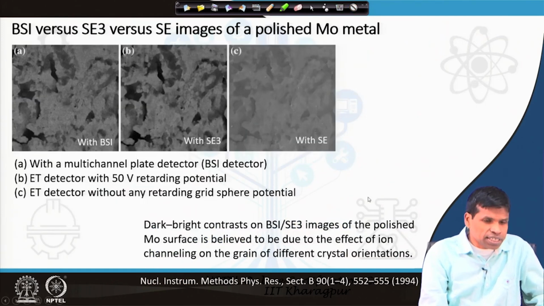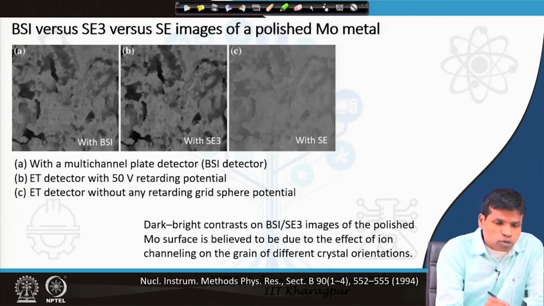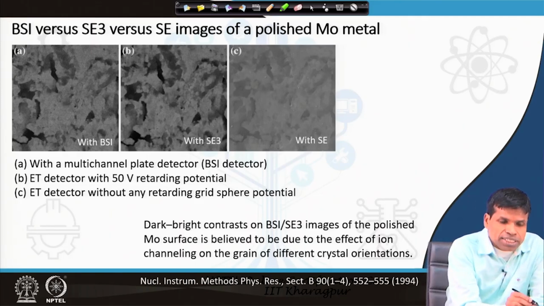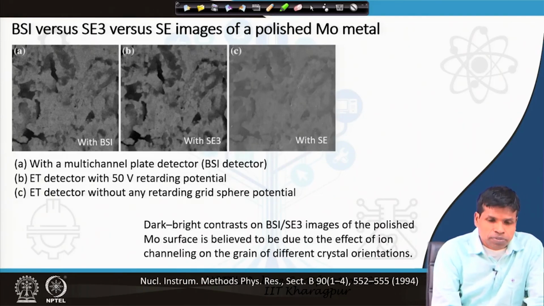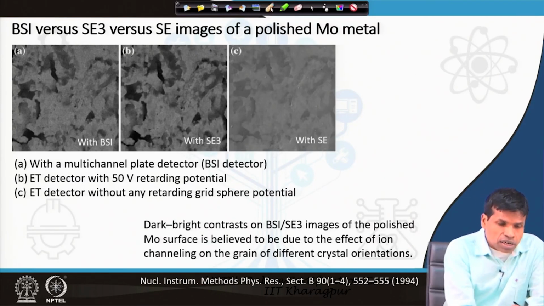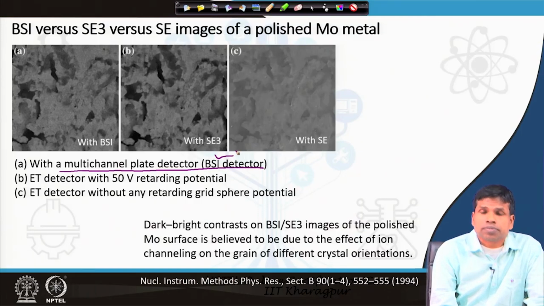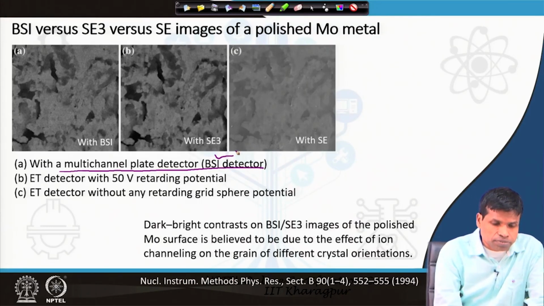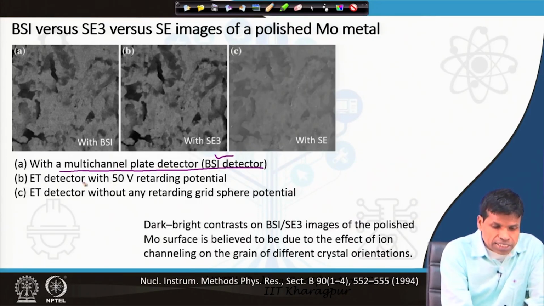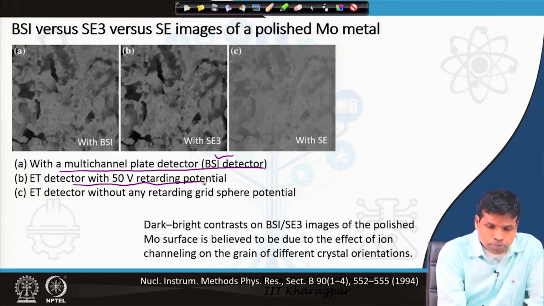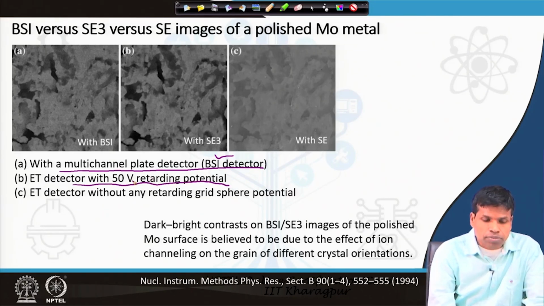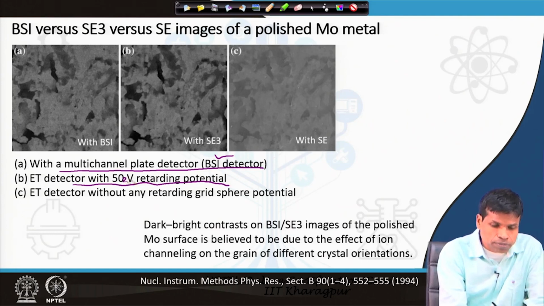If we look at these photographs, what we see here is the backscattered ion versus SE3 versus secondary electron image of a polished molybdenum metal. The A1 is the signal from the backscattered ion detector, and the B1 is with 50 volt retarding potential, 50 eV.